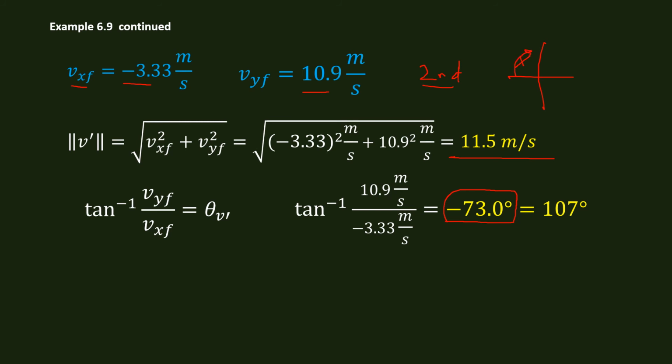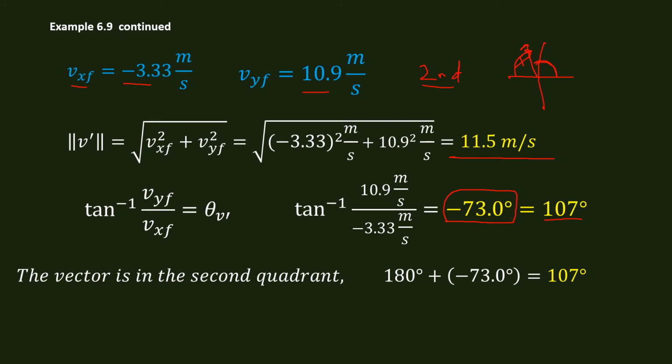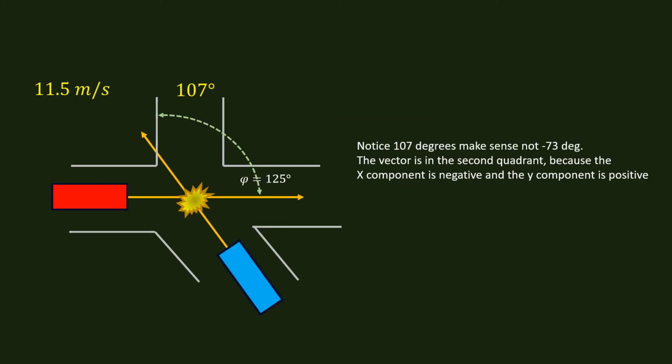And so our angle is somewhere around here, and then we need to actually calculate this angle right here, which is 107 degrees. So basically, if you just add 180 degrees to that, you will get the correct answer. This will not be the correct answer, so you want to make sure you do this right. Okay, and this is just saying the same thing.